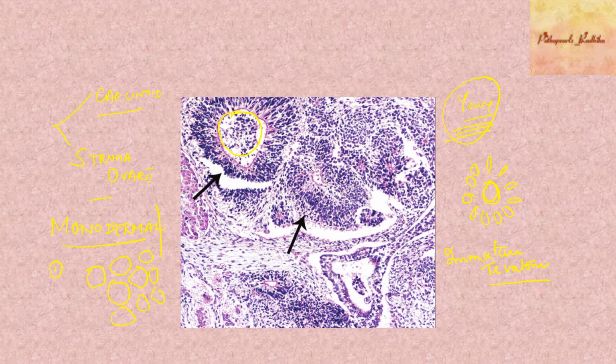This is about the different types of teratomas. One more interesting feature is that sometimes teratomas can be associated with other ovarian tumors like mucinous cystadenomas. So you can have an association of teratomas with mucinous cystadenomas as well. So this is about teratoma.